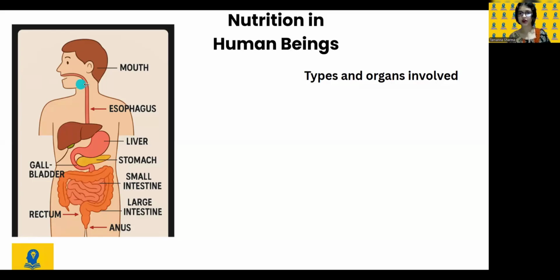Now, firstly, the food enters our body through the mouth. And from the mouth, we chew it and then we swallow it, and it passes down through the esophagus. And then it reaches the stomach, and there different types of enzymes act on it, and then it goes to the small intestine. Again, different enzymes act on it.